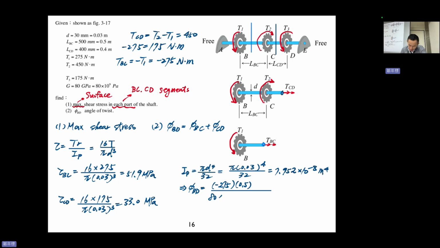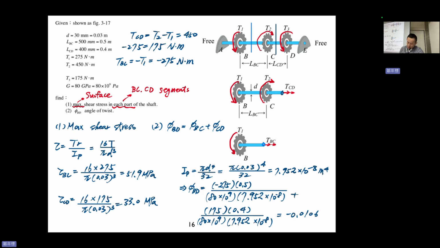Okay, 80 times 10 to the 9 times 7.952 times 10 to the minus 8, and plus 175 times 0.4 over 80 times 10 to the 9 times 7.952 times 10 to the minus 8, equal to minus 0.016, minus 0.0106.